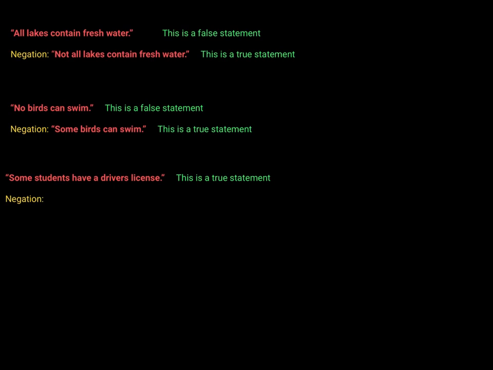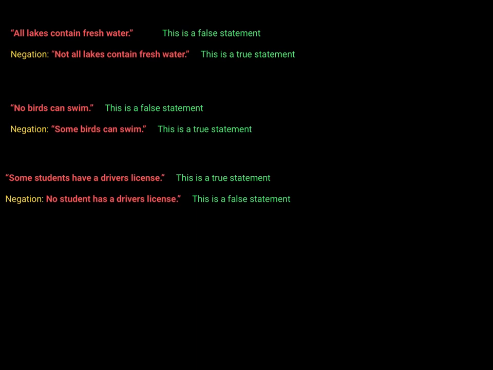Now, first of all, some students have a driver's license implies that at least one student has a driver's license. So the negation of this statement, which must be a false statement, is no student has a driver's license. That would be a false statement, which we needed to construct.